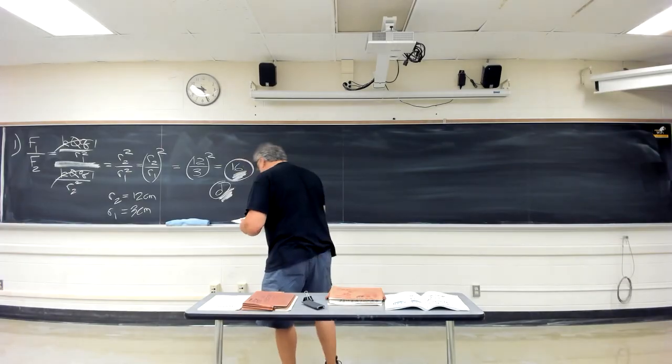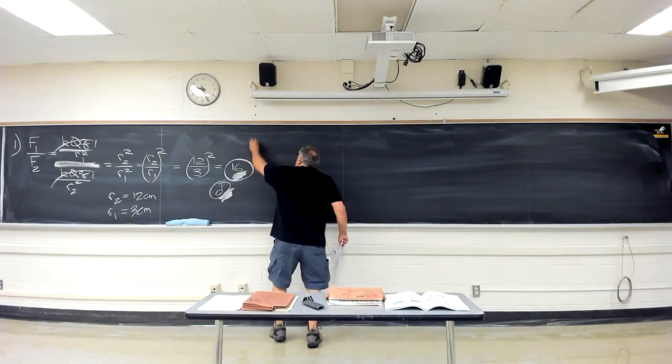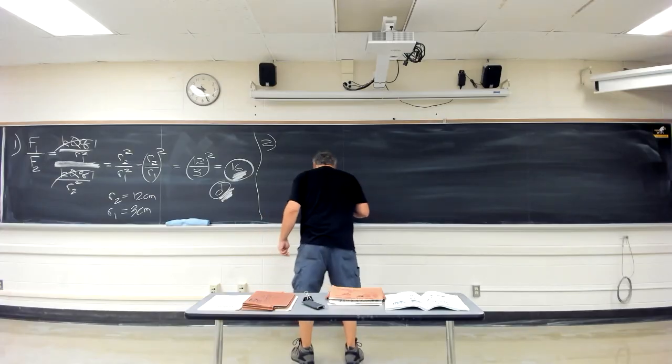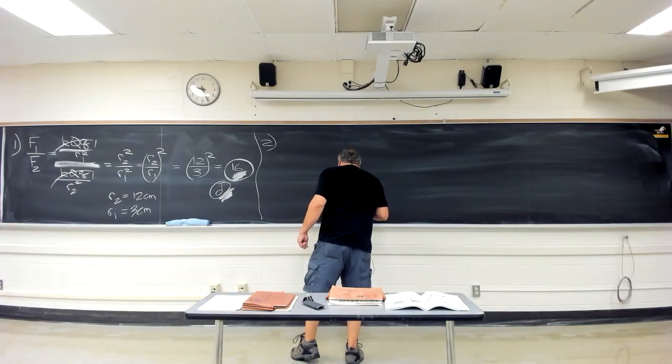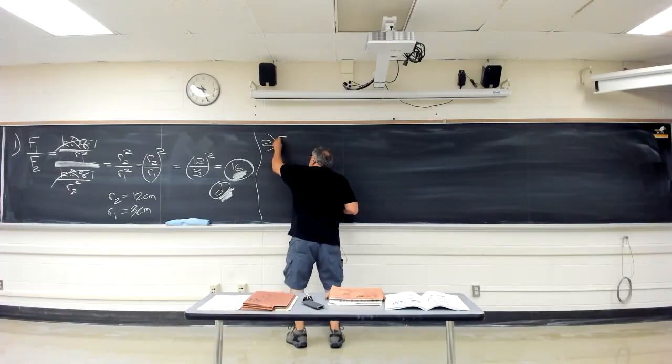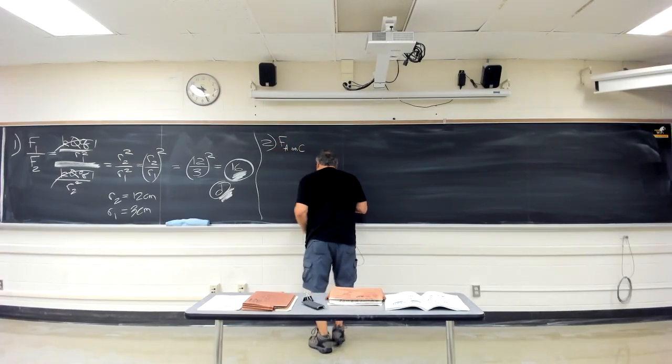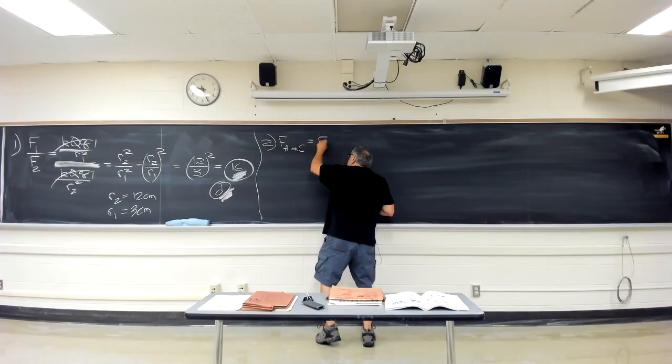So let's take a look at how we want to look at that. We will see FA on C, and the way I've got it written on there, you can write it like that. We'll say that's FAC.